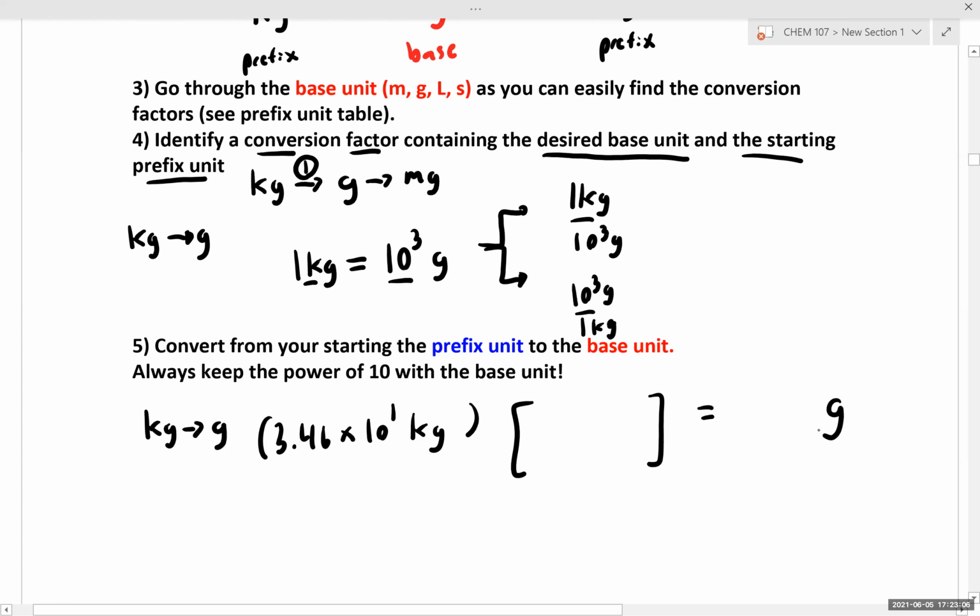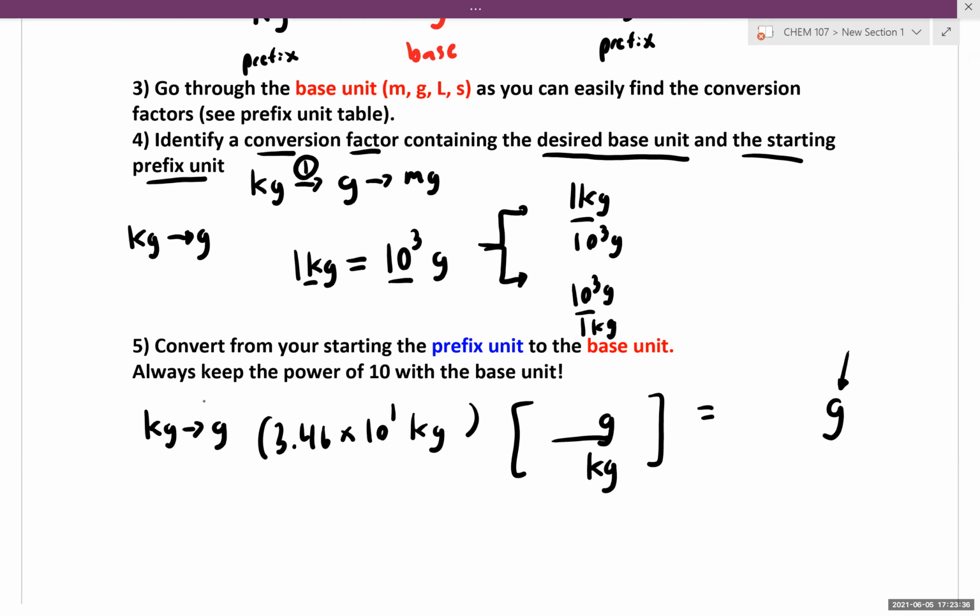So if we want grams to end up in our final answer, and we think about our unit conversion factor, in order for grams to end up on top in our final answer, our unit conversion factor will need to have grams on top. Likewise, if we want kilograms to cancel, we need kilograms on the bottom.